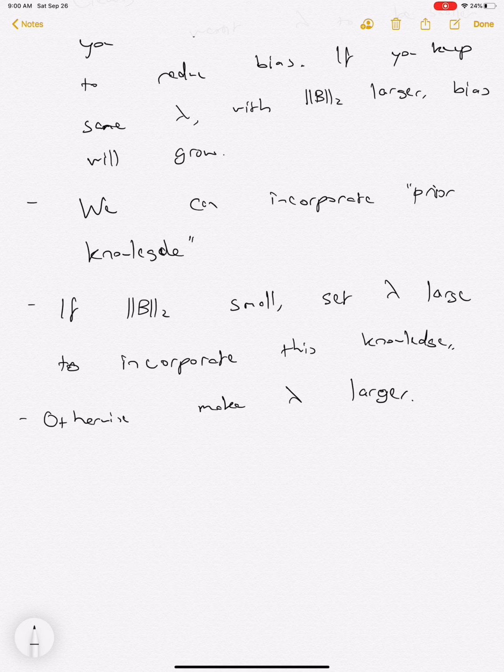But in the last 4 or 5 lectures, when I talk about what you do with real data, you don't know what this L2 norm of B is, so you need a way to set lambda, and there are ways to do that in practice. Cross-validation is one you may have heard of, and I'll talk about how we do that in the last 4 or 5 lectures.